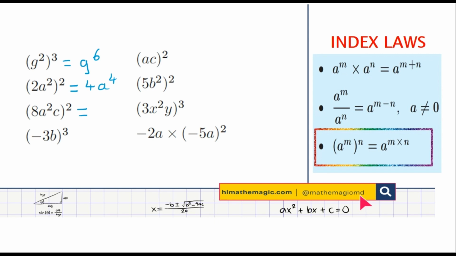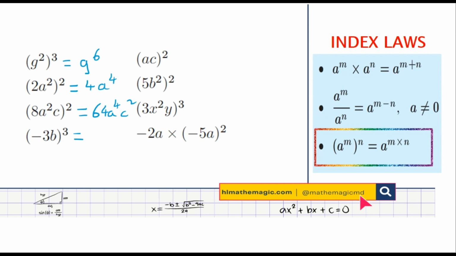Next question, 8a squared c squared. 8 squared is 64. a squared squared is a to the power 4. And then we have c squared.